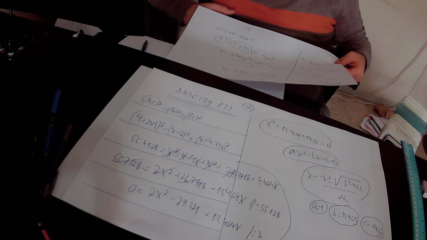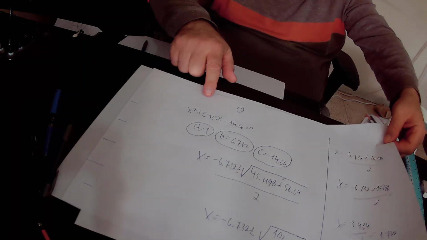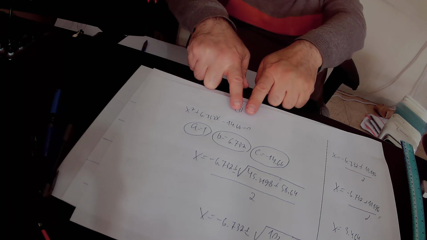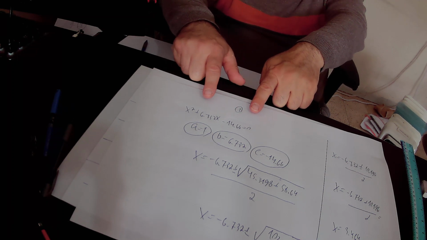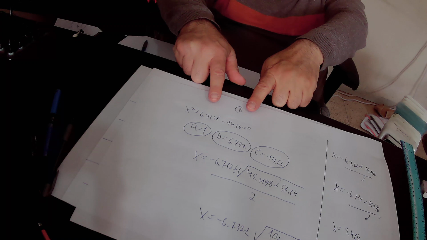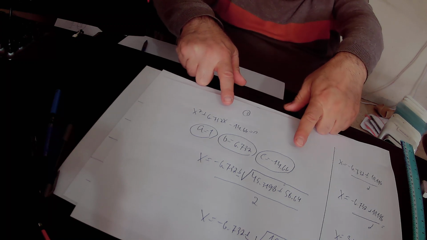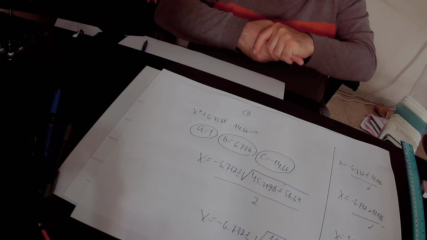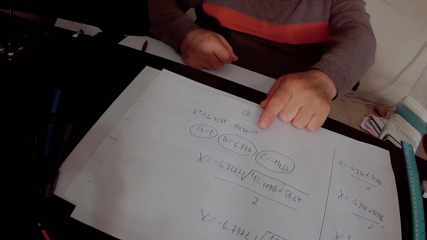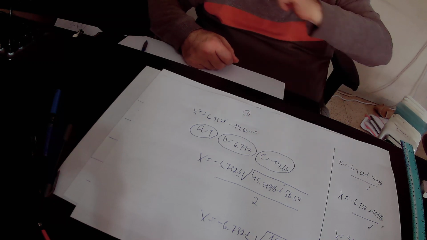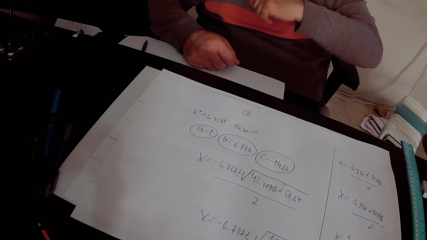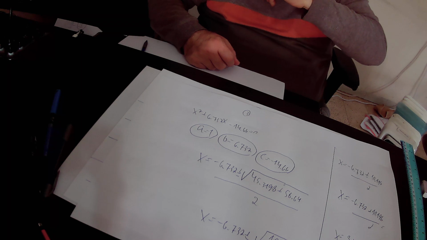In our specific quadratic equation, x squared plus 6.732x minus 14.66 equals 0, the coefficient a equals 1, the coefficient b equals 6.732, and the coefficient c equals minus 14.66. What is left to do is to put this data inside the general formula for x. x is the radius of the circle, the radius that we are looking for.